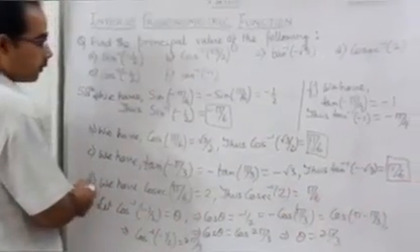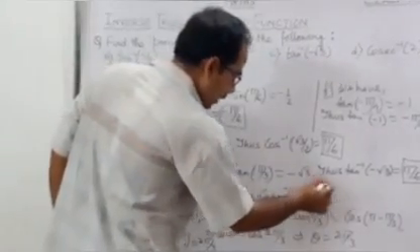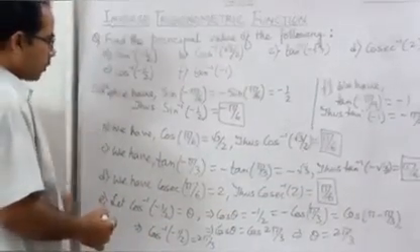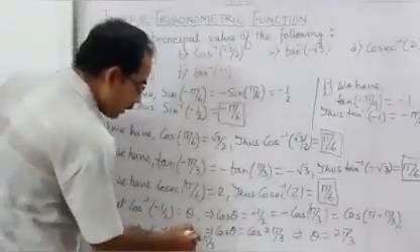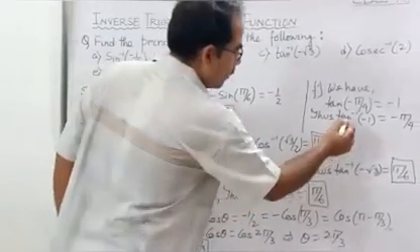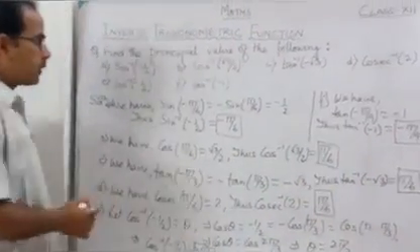And fourth one, cosec inverse 2 is equal to pi by 6. Fifth one, cos inverse minus half is equal to 2 pi by 3. And last one, tan inverse minus 1 is minus pi by 4. I hope it is clear, students.